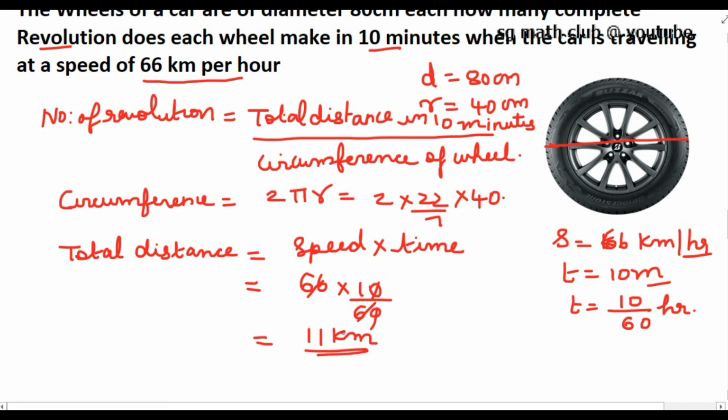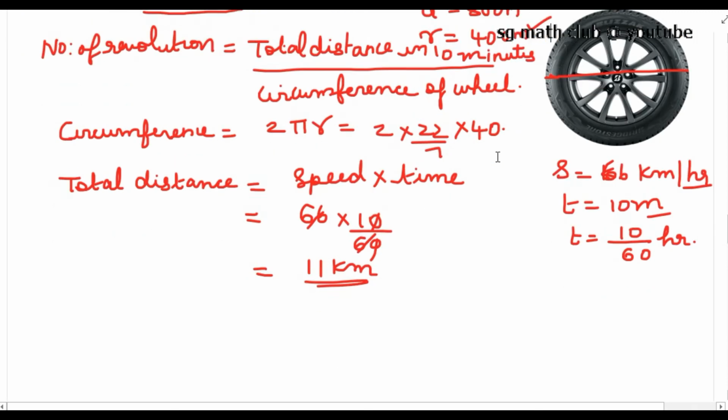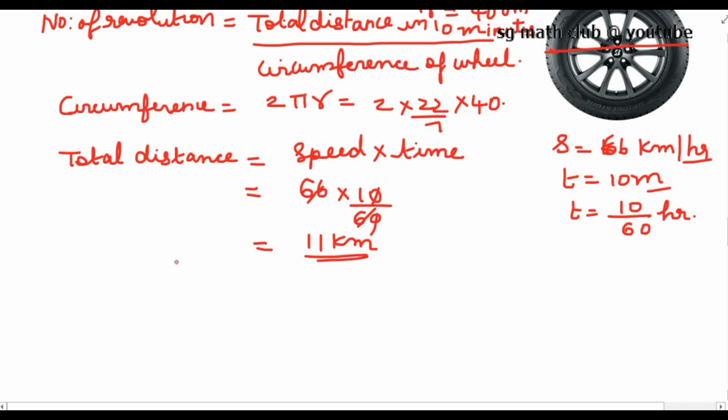Again, the radius they have given is in centimeter, so we have to convert this part into centimeters because our circumference is in centimeter. The radius here is 40 centimeter. So we need to convert this 11 kilometer into centimeters. We know that 1 kilometer is 1000 meters.